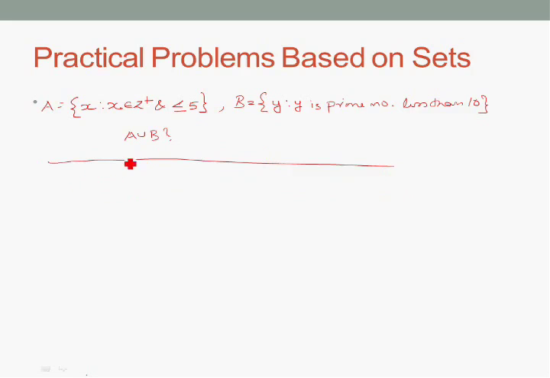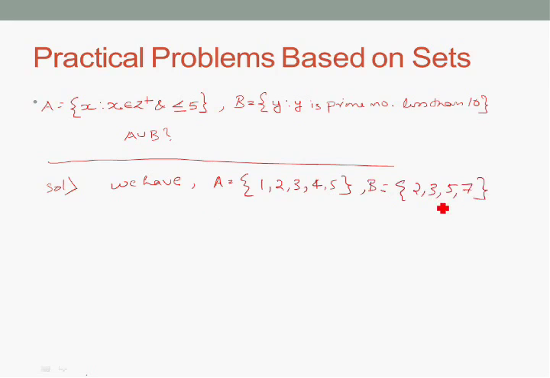Now let's find the solution. We have A equals the set of 1, 2, 3, 4 and 5, because these are the positive integers less than or equal to 5, and B equals the set of 2, 3, 5 and 7, the prime numbers less than 10.